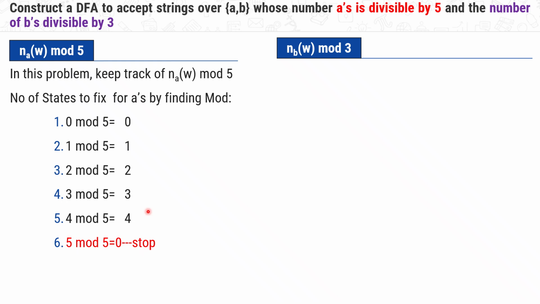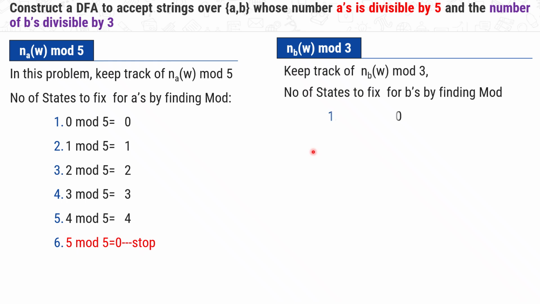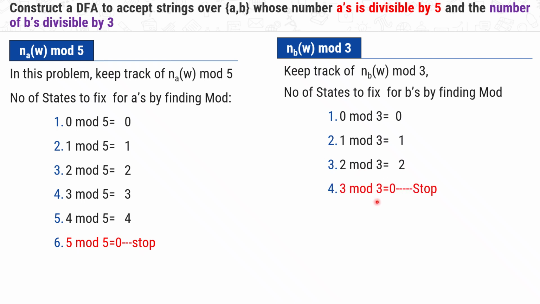Another condition is that you have to keep track of the number of B's using divisibility by 3, which you can do similarly to A. 0 mod 3 gives remainder 0, 1 mod 3 gives remainder 1, 2 mod 3 gives remainder 2, then 3 mod 3 gives remainder 0.